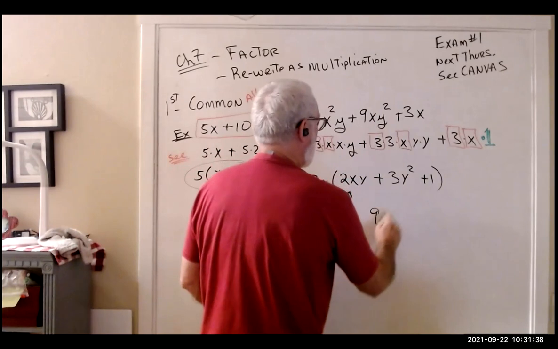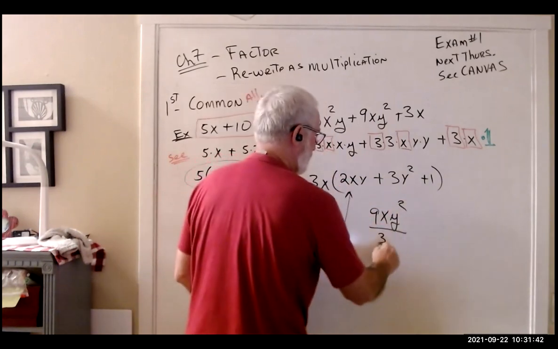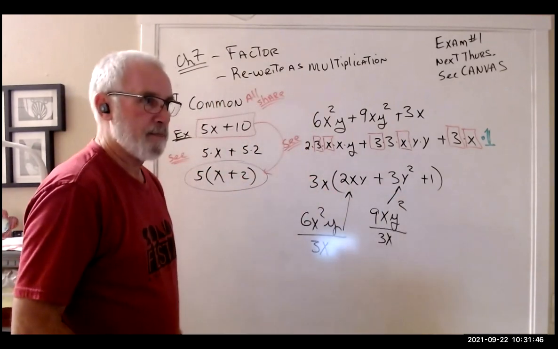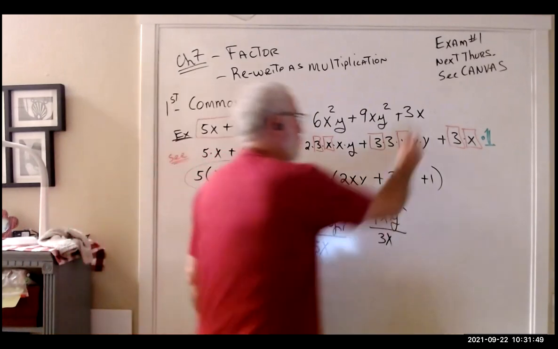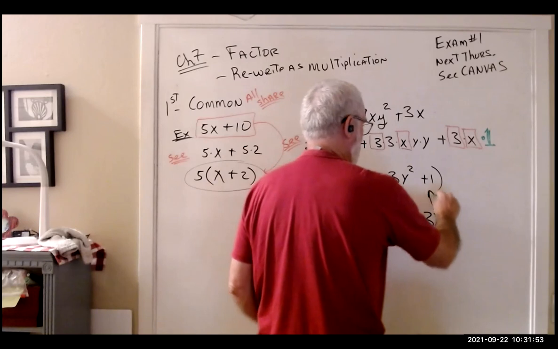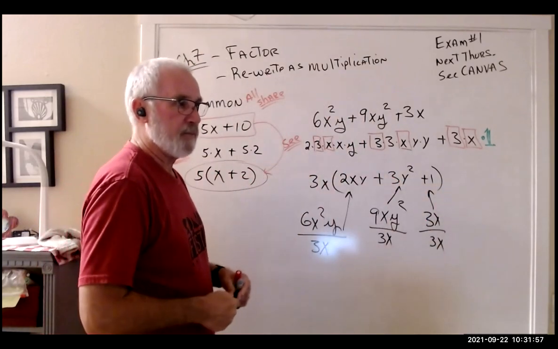If you took 9xy squared and divided by the 3x they have in common, you'd get that. And if you took the 3x and divided by the 3x that they have in common, anybody divided by itself is 1. You'd get that.